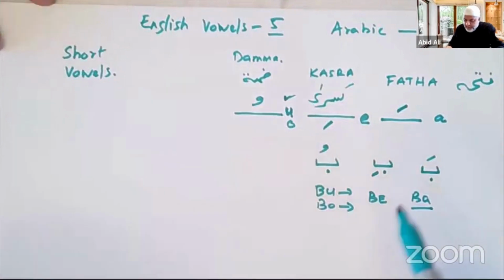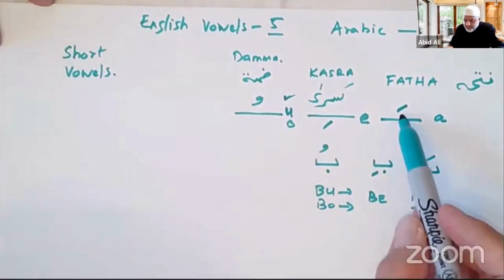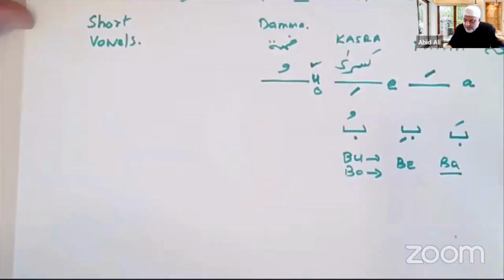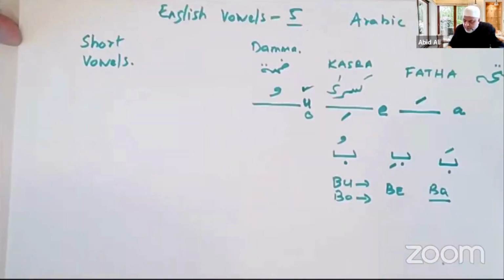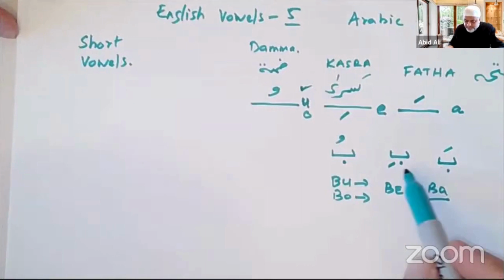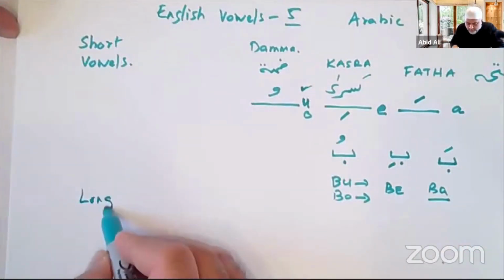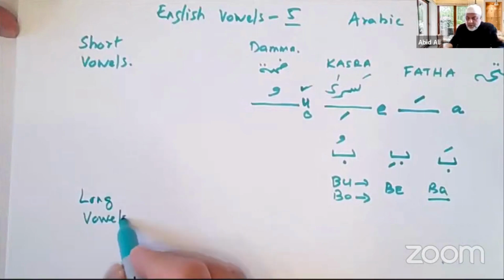That fatha is this sign, kasra is this sign, the dhamma is this sign. So these are short because we make a short sound, ba, bi, bu. Then we have something called long vowels. What is that?